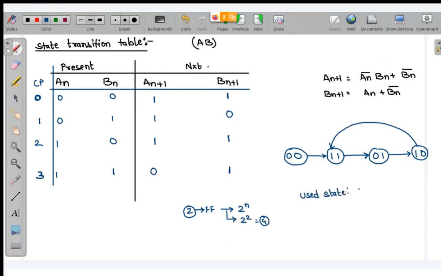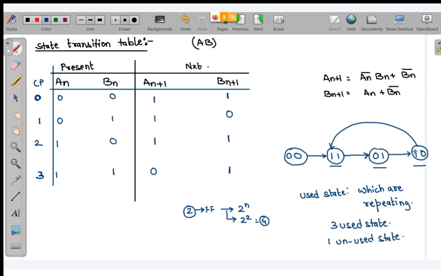are those states which are repeating. So here you can see 1, 2, 3, these 3 states are repeating. So here we have 3 used states and 1 unused state, okay?